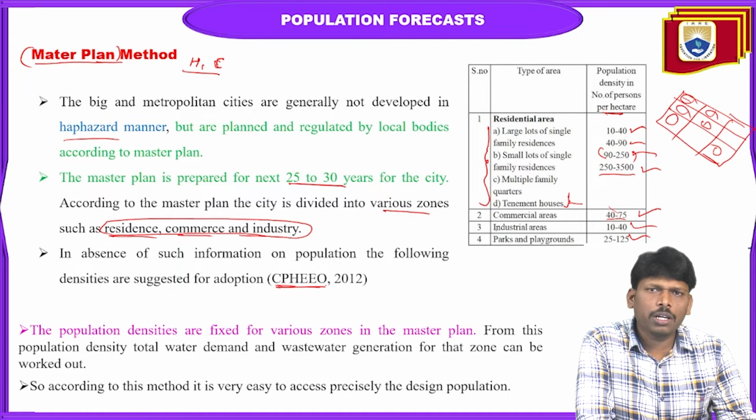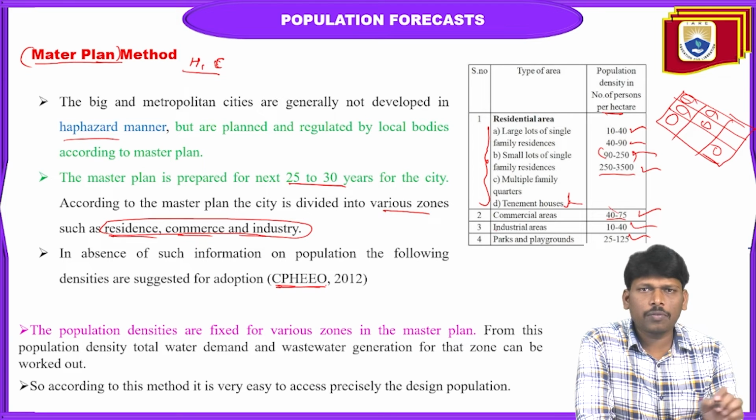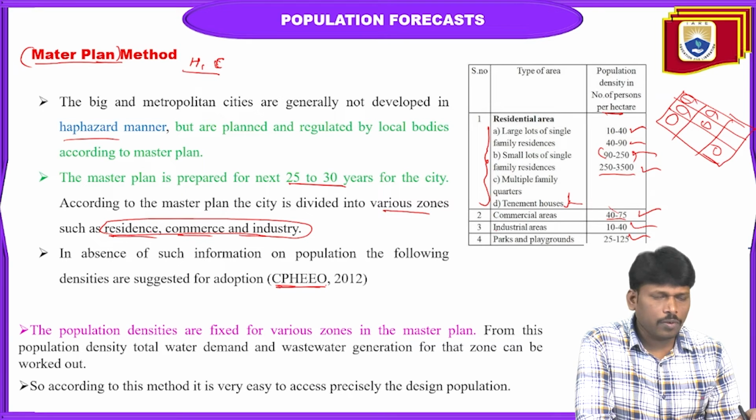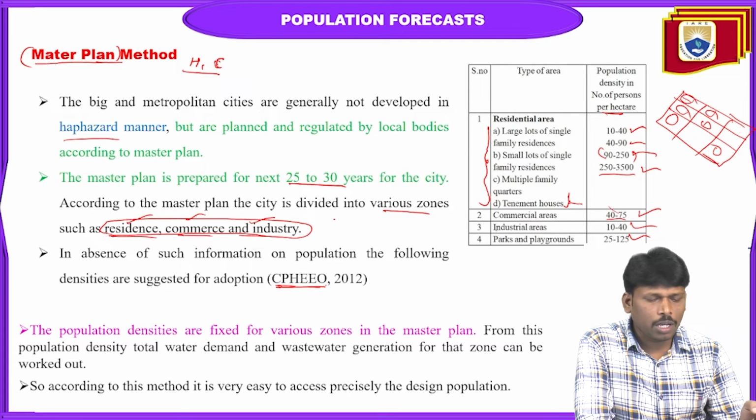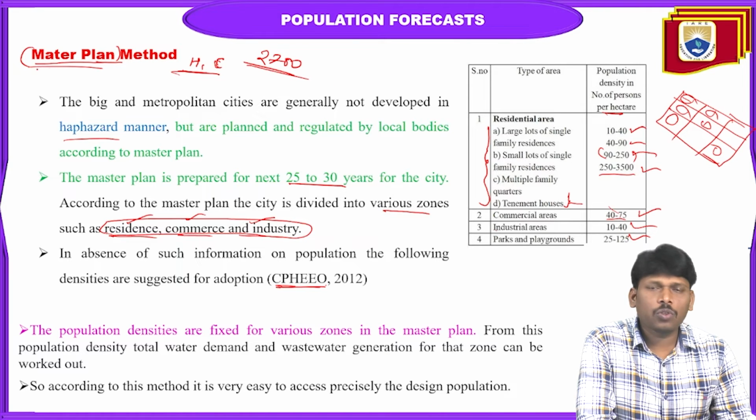But it requires predefined allotted areas for all kinds of activities like residential purpose, commercial purpose, industry purpose, hospitality. And if you talk about the entire world, there are only 2,700 cities planned according to the master plan.